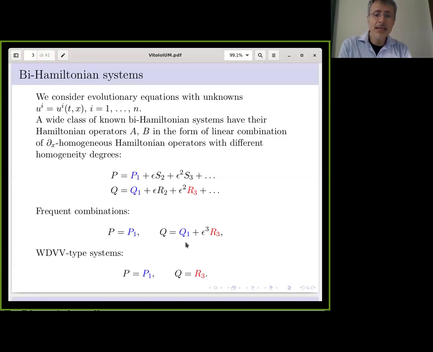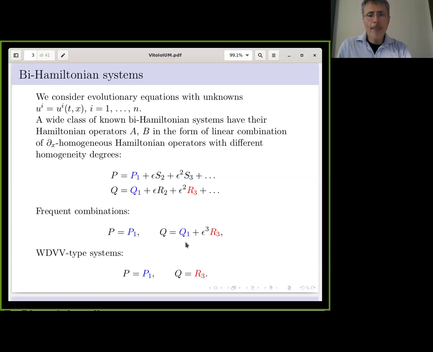We have many examples of well-known partial differential equations which have pairs of this type. The majority of examples comes from WDVV systems. WDVV equations can be rearranged into evolutionary systems which possess exactly this kind of Bi-Hamiltonian pair. So this is what we would like to discuss.